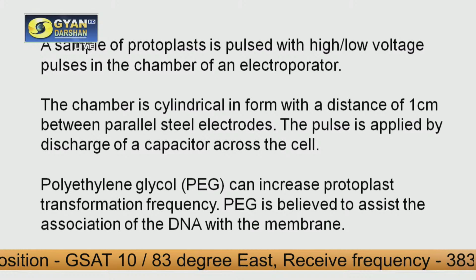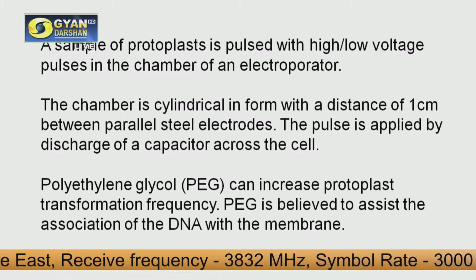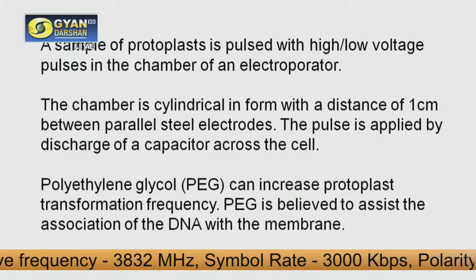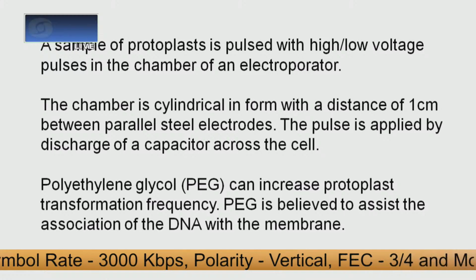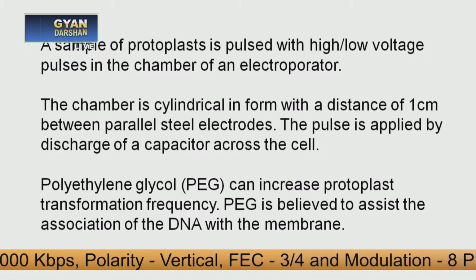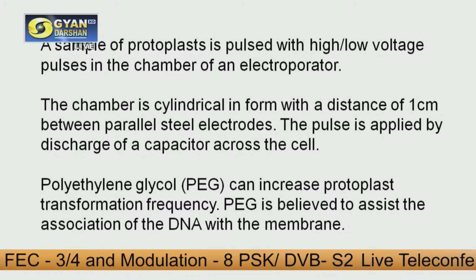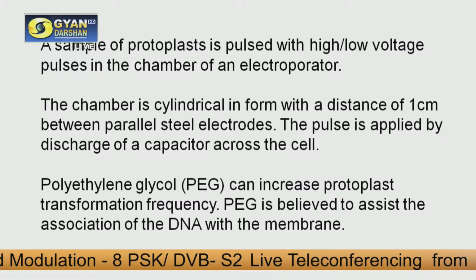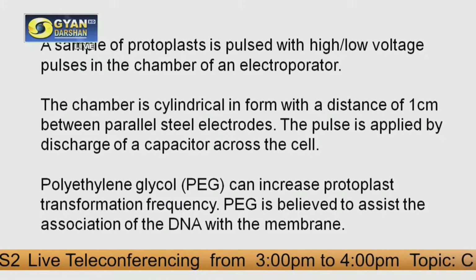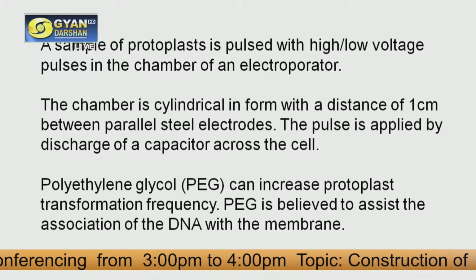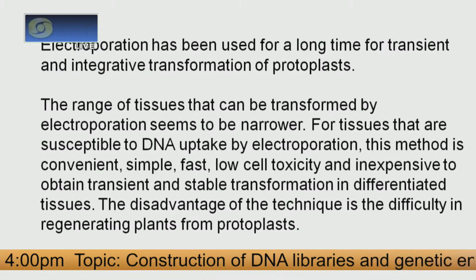So what you do is you have a chamber called an electroporator, and within it you take a sample of protoplast and you apply a high or low voltage pulse. The chamber is cylindrical with a distance of 1 centimeter between parallel steel electrodes. The pulse is applied by discharge of a capacitor across the cell. Often you need to use one agent called polyethylene glycol, which can increase the protoplast transformation frequency. PEG is believed to assist the association of the DNA with the membrane.